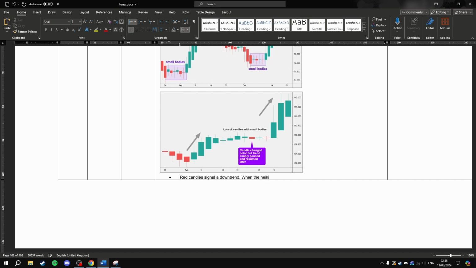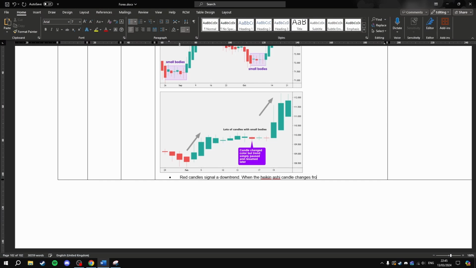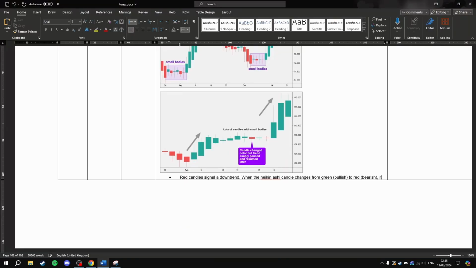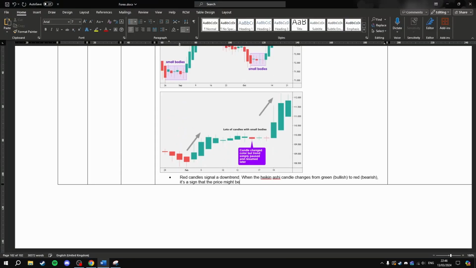When the heikin ashi candle changes from green, which is bullish, to red, which is bearish, it's a sign that the price might be about to turn lower.